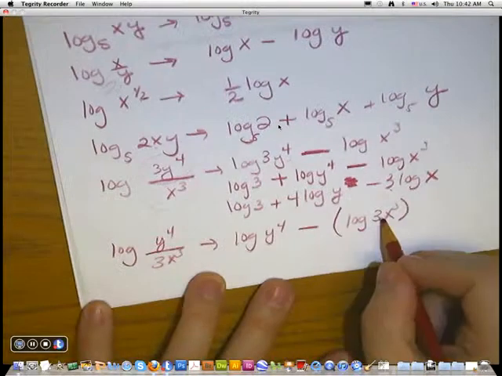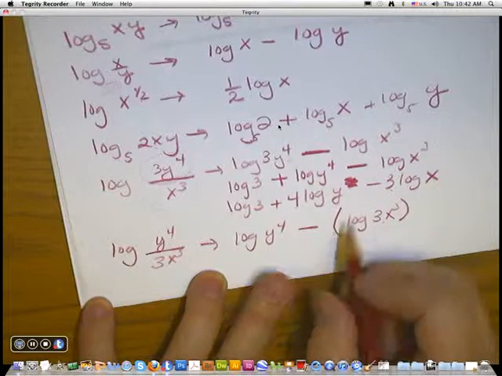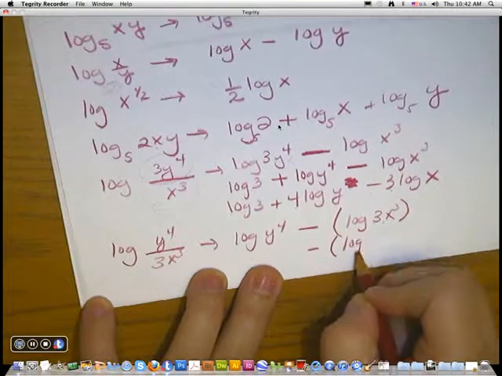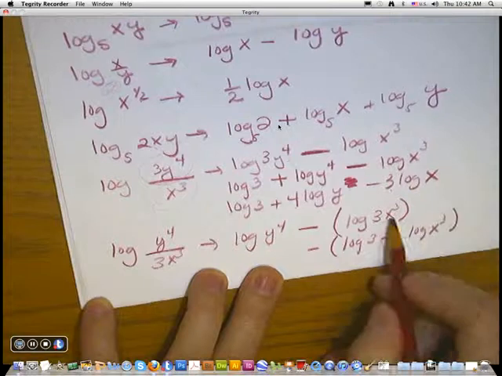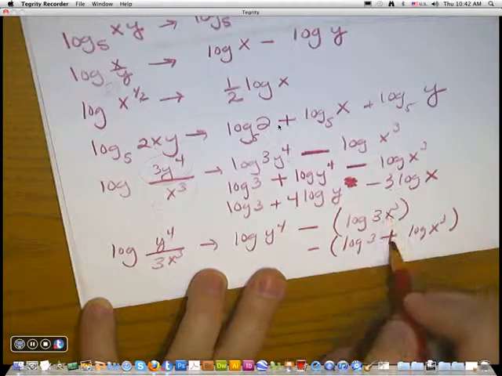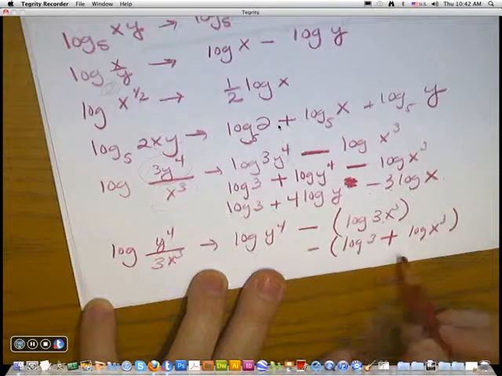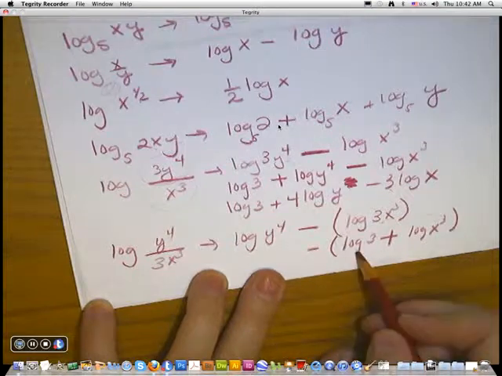When this multiplication is separated with an addition sign, it's really a subtract of all of it.